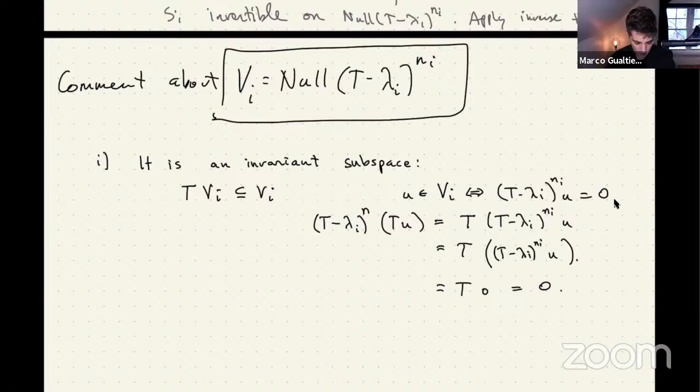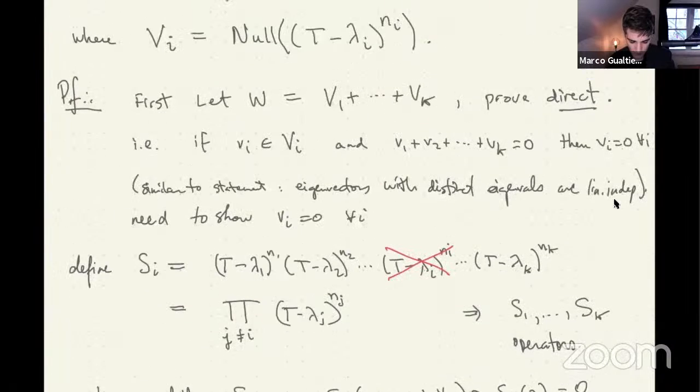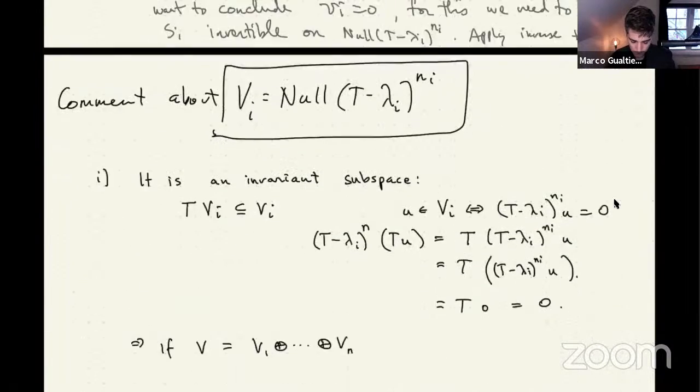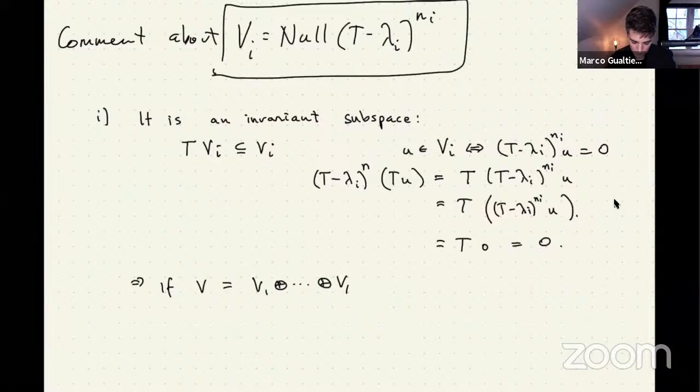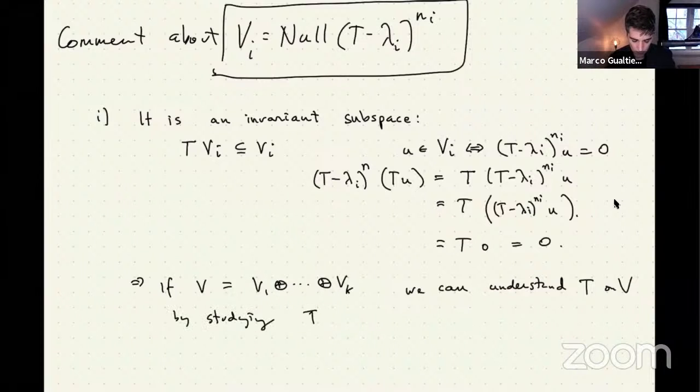So this implies that if V is the sum of these Vi, for i from 1 to K, we can understand T on V by studying T restricted to Vi, for all i.